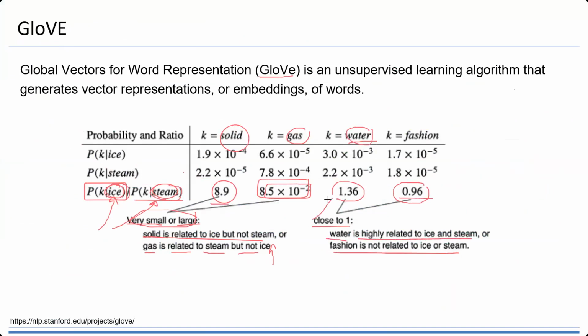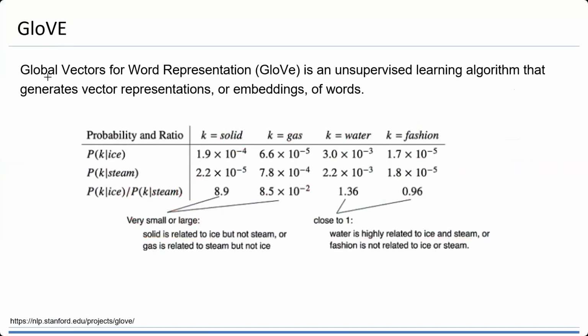If it is higher, then it is highly related. If it is lower, it is not related. So with this kind of thing, we can understand how important those words are with other words. So using this kind of probability, we can have GloVe as a word representation.